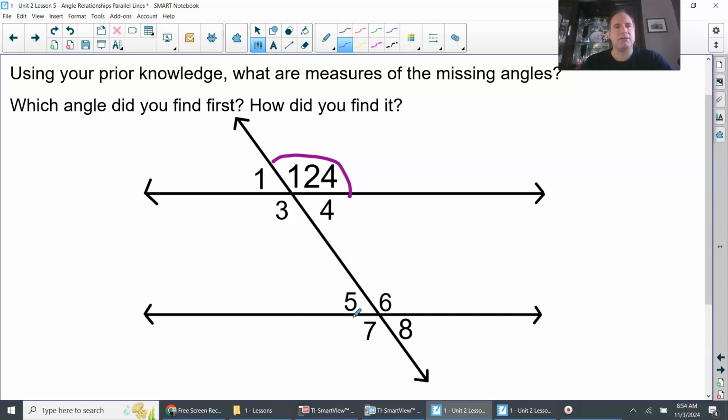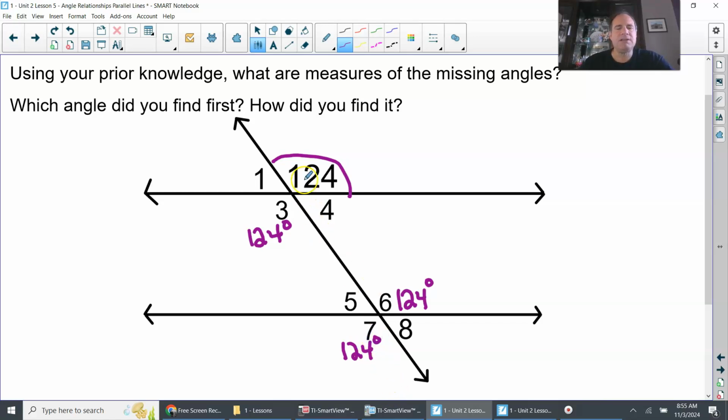Every small angle is not. So across from the 124 is 3. That is 124. Down here, do you see the obtuse angles? There's 2 obtuse. That's 124. And 7, look, the large angle, 124.